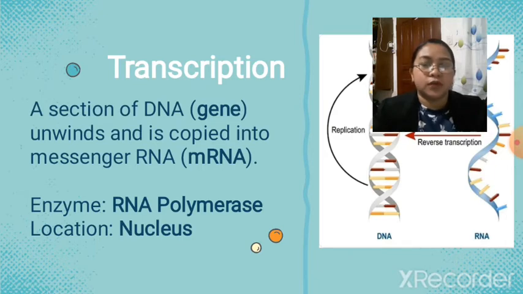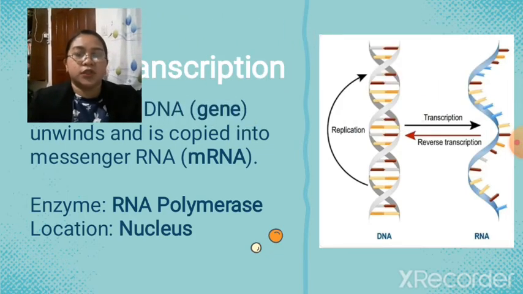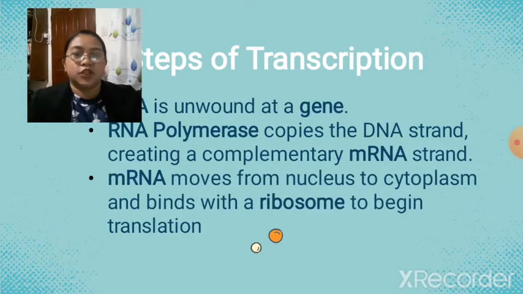A section of DNA, or a gene, unwinds and is copied into messenger RNA, and its enzyme is RNA polymerase, and it is located in the nucleus. So in transcription, the information in the DNA of every cell is converted into small, portable RNA messages.